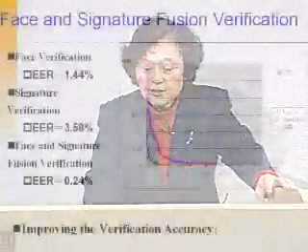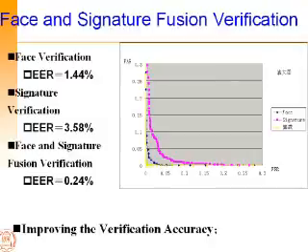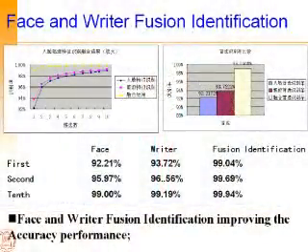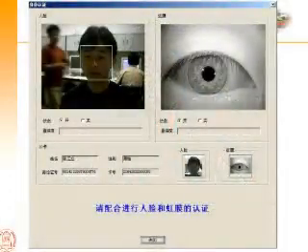This is our level: iris, face, online handwriting, signature, and others together. This is face verification and signature verification fused to a much lower error of 0.225%. The recognition rate also increases. This is some demo.